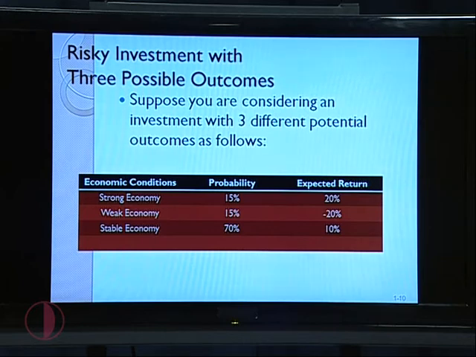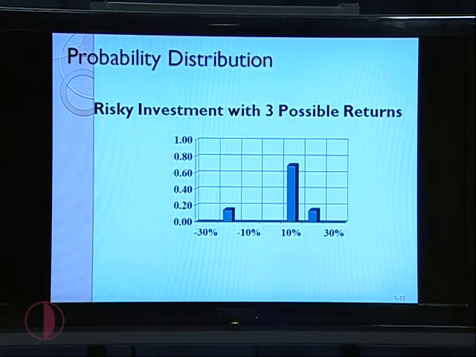If we assume in a strong economy the probability is 15%, weak economy 15%, and stable economy 70%. In this case, we need to calculate the expected rate of return by multiplying the return by the probability for each economic condition to arrive at the expected rate of return.